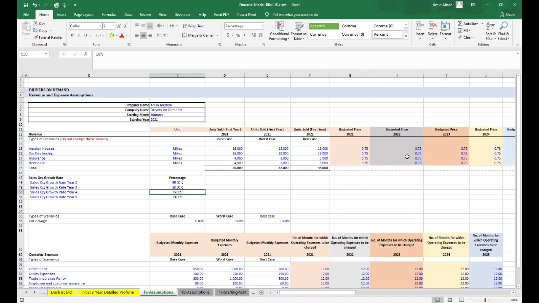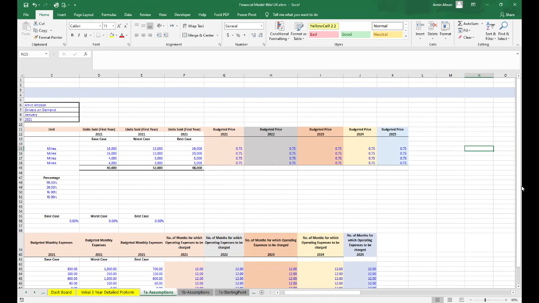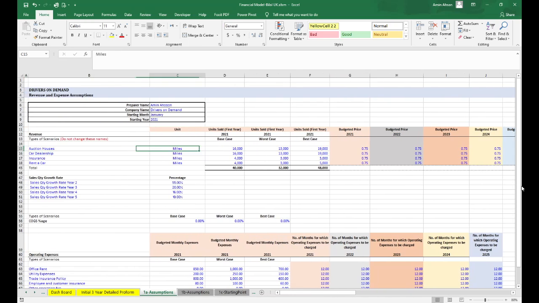So here you can see your rate is budgeted price. I have assumed 0.75 miles an hour as your budget price for each of the company and each year, so you may change it as per your requirements.